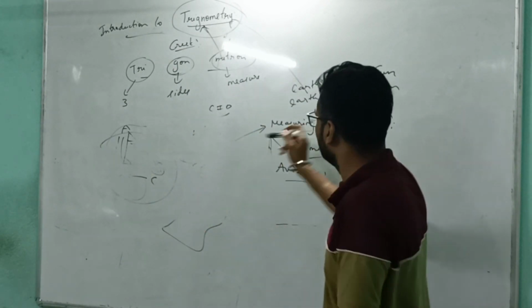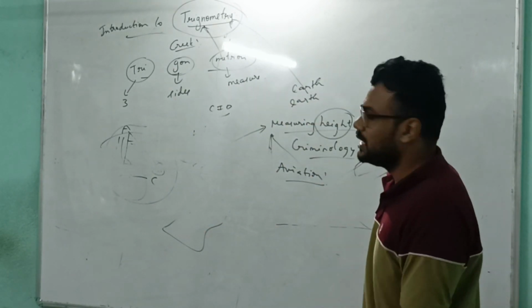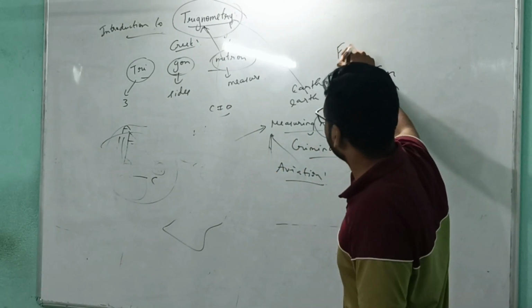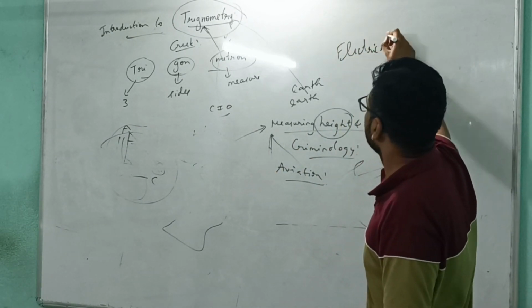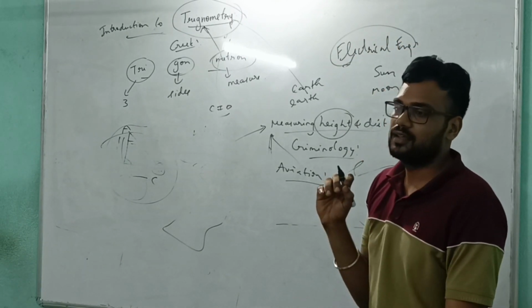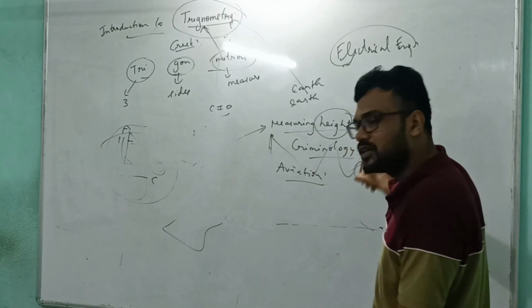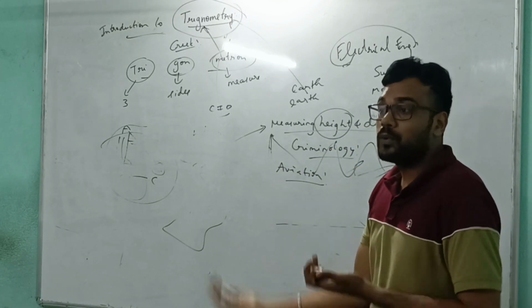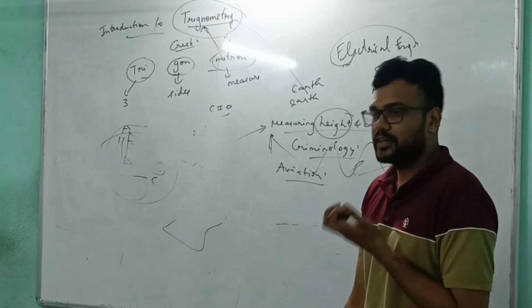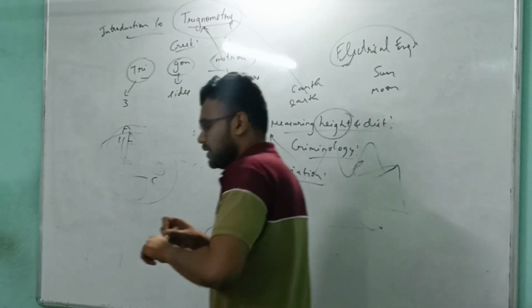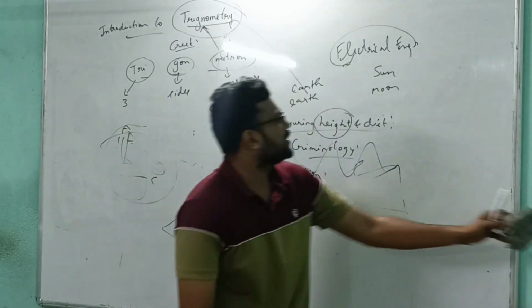Yes, it is used in measuring heights and distances, in criminology, in aviation, and also in electrical engineering. Without trigonometry, electrical engineering is nil. AC circuit analysis requires trigonometry, otherwise you can't do anything. Sound production and music also use trigonometry. Everywhere it is used. You don't have to write all this. Just an intro.